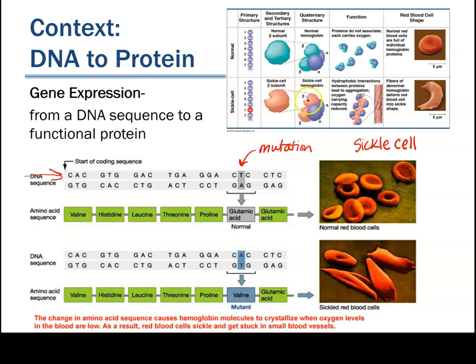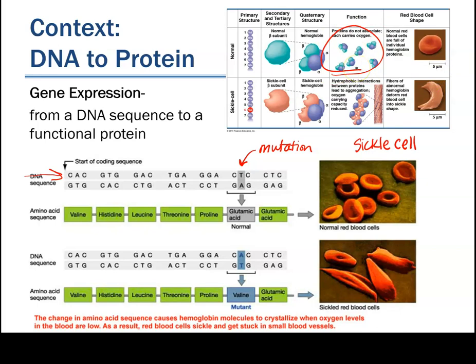Now that affects how they're put together into a hemoglobin molecule. The purpose of hemoglobin is to carry oxygen, and when the DNA sequence is changed, which causes a change in the structure of the protein, the function of that protein changes. It can no longer carry oxygen like nice, neat, normal hemoglobin.